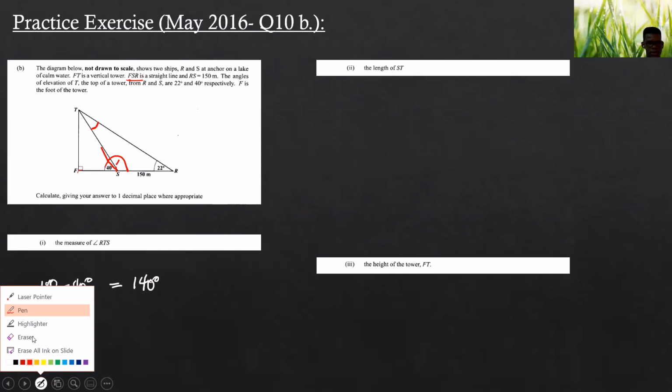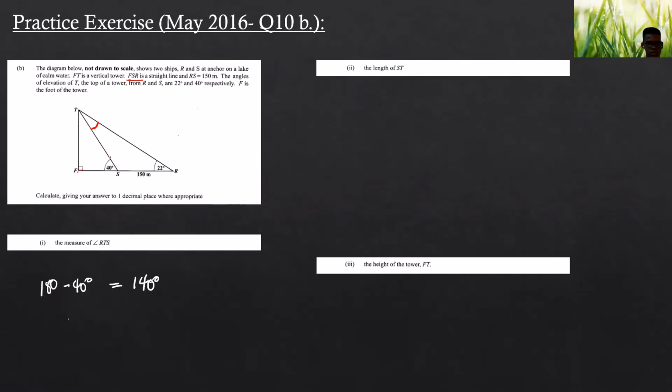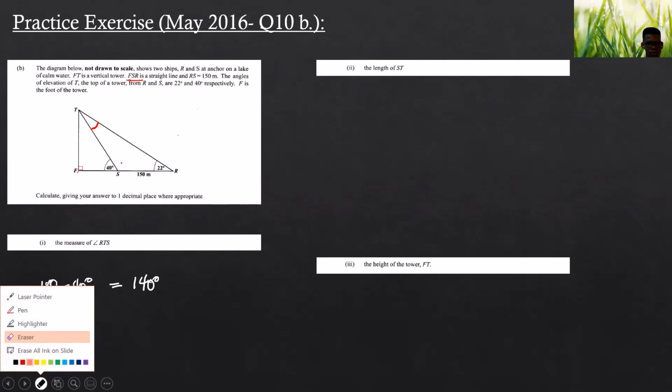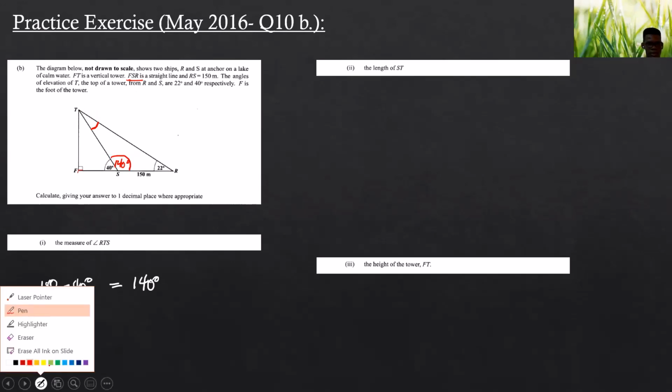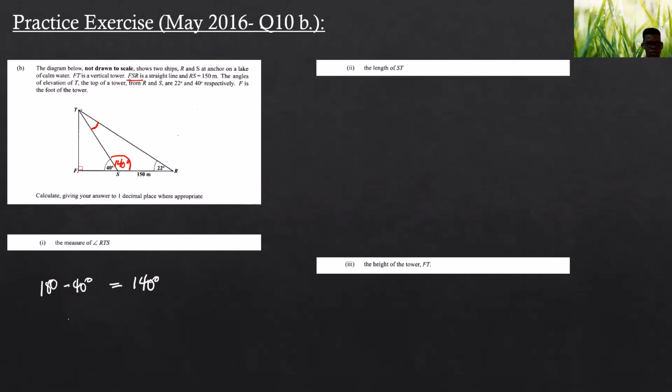So now we know this angle here is 140. You have a triangle that we pointed out earlier.